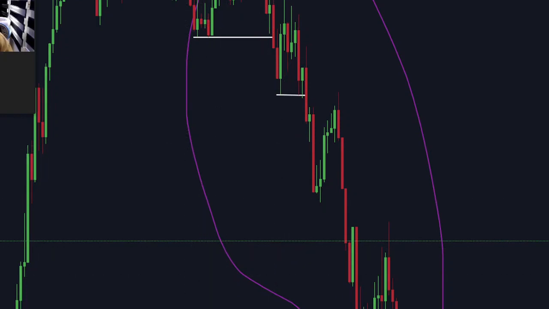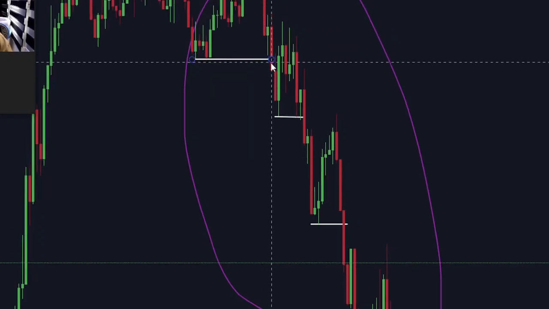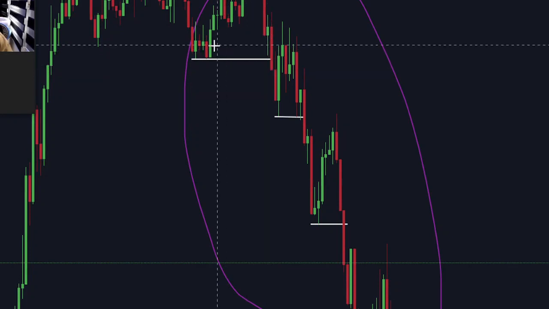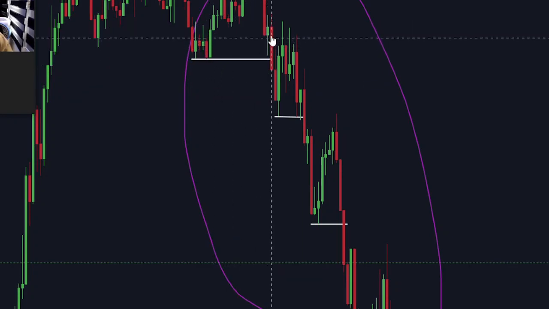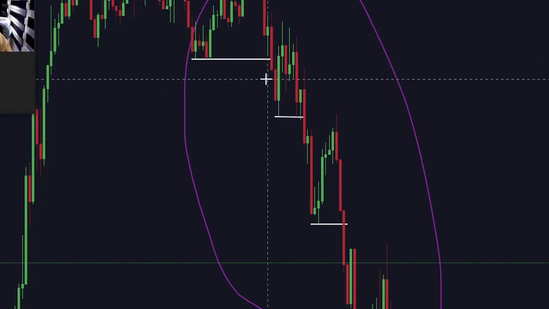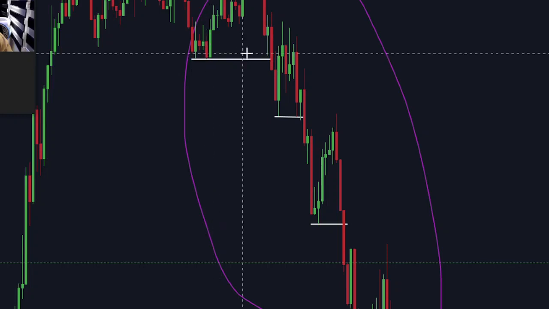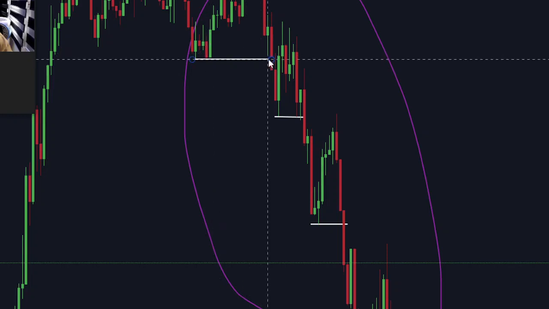Can you see the structures being broken? It broke this structure. We know that a red candle closes below and a green candle closes above. So it's always a red candle that will confirm our downtrend when it closes below a structure that we want broken.